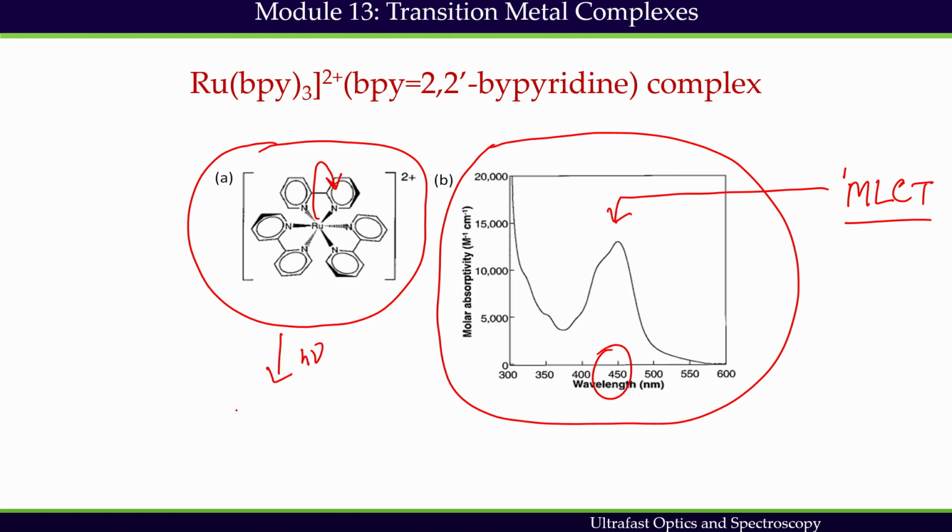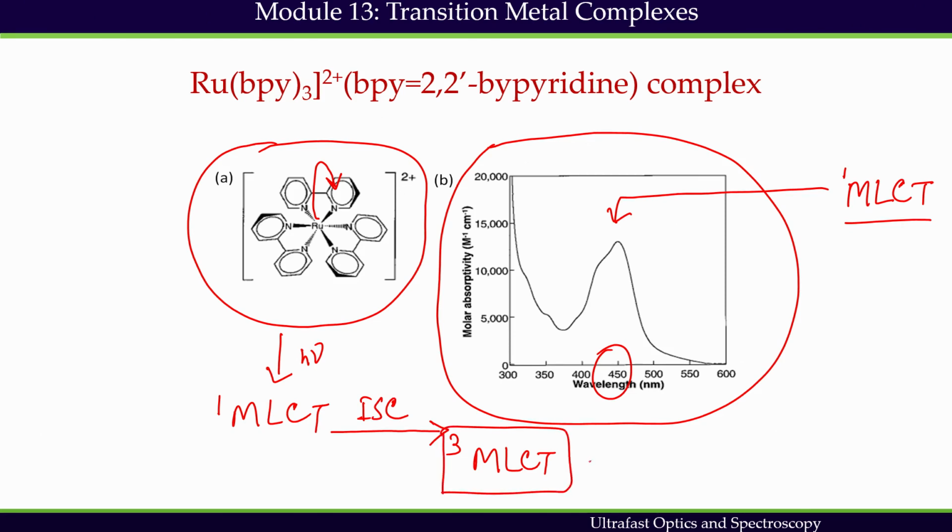We excite this system to the singlet MLCT state, and after this electronic excitation, this system evolves to a triplet MLCT state. So, the singlet to triplet transition occurs through intersystem crossing, and the lifetime of this state is already found to be 1 microsecond. That is the lifetime.